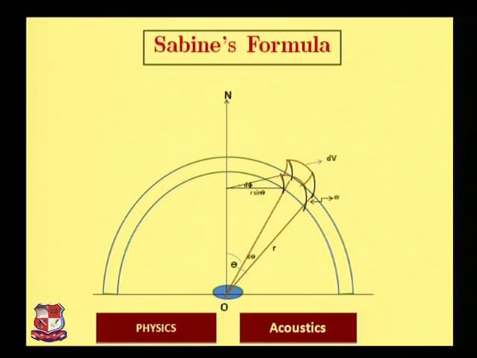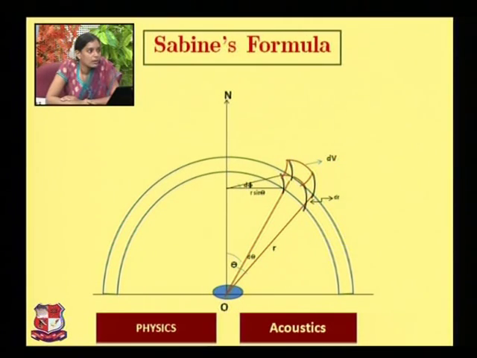He assumed that on one surface of a room of volume V, there is a small surface element ds. On that ds he made a normal, On, and also drew two semicircles in a plane perpendicular to that ds, with radius r and r plus dr, and found one small surface element, as you can see in the figure.